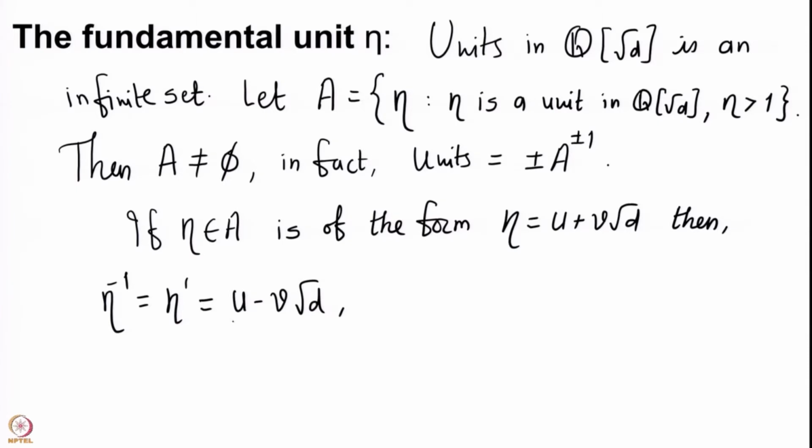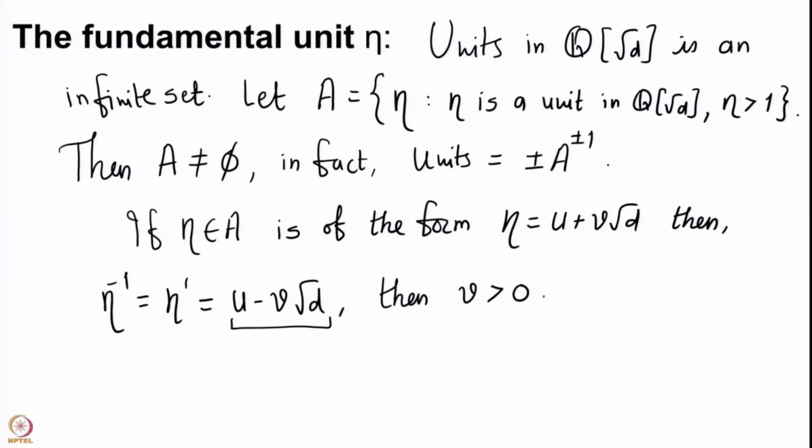So this u prime is less than 1, this implies then v has to be a positive number.